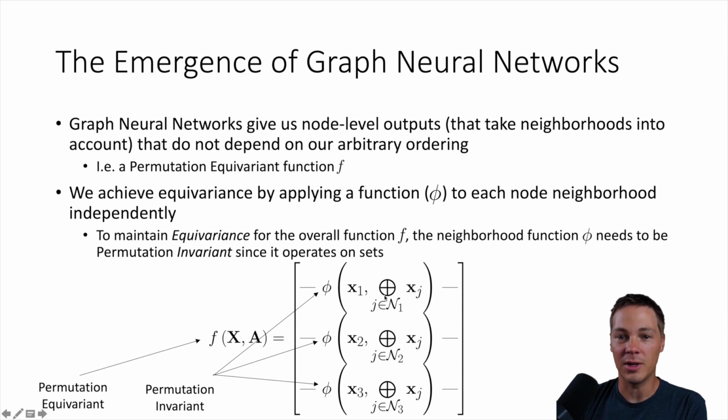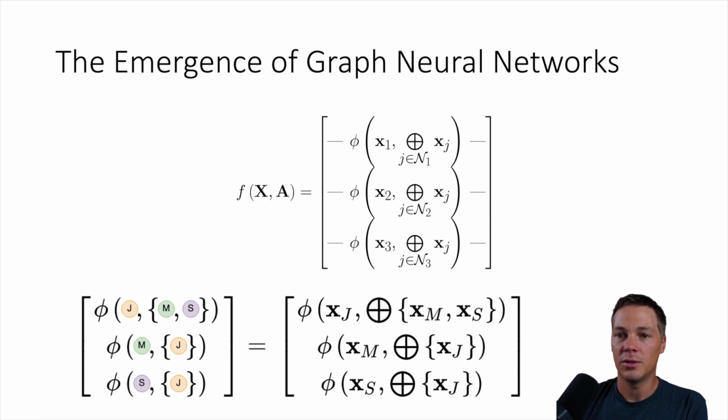And that would not have this permutation equivariant property. So now, whereas before we just were showing what the input was, which is this set, now we see that we're applying a specific operation to this set, which is some aggregation function. And this is, in essence, the recipe for graph neural networks.